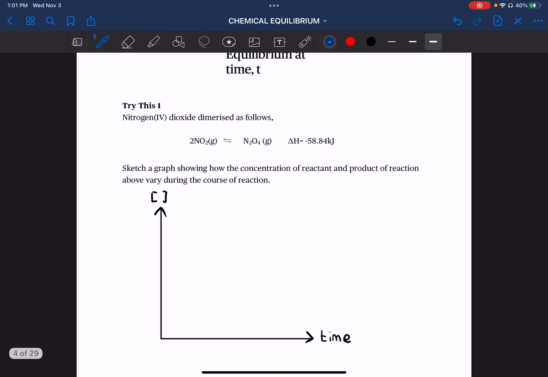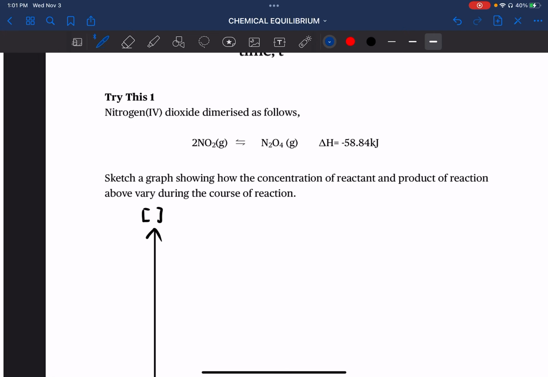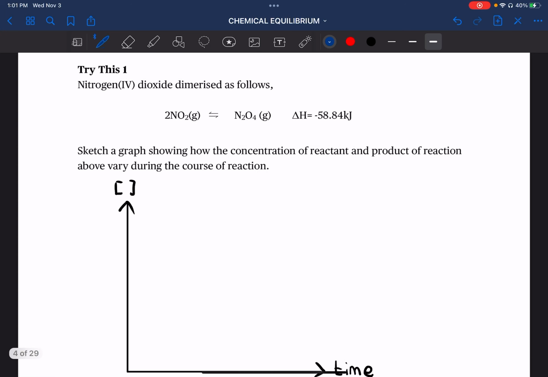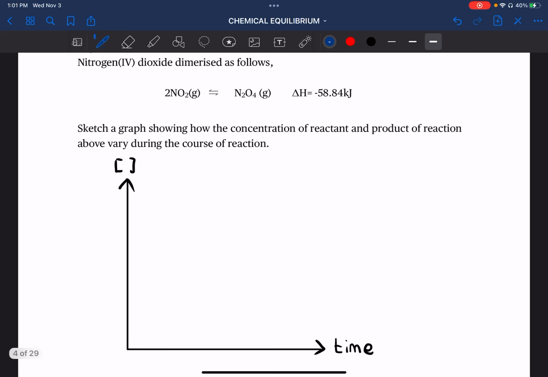Okay, let's try sketch the graph together. So you are given the reaction nitrogen dioxide dimerized as follow. Dimerized tu maksudnya change. Okay, sketch a graph showing how the concentration of reactant and product vary during the course of reaction. Maksudnya dia suruh awak tunjuk graf macam mana concentration boleh berubah bersama dengan masa lah.